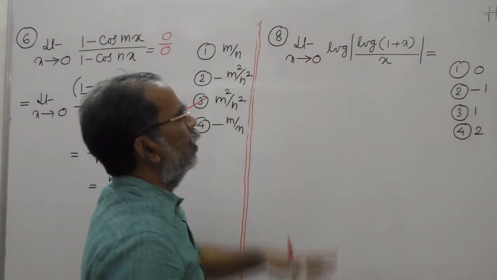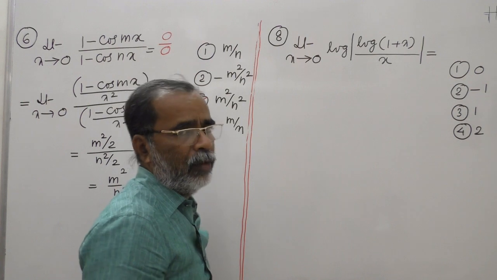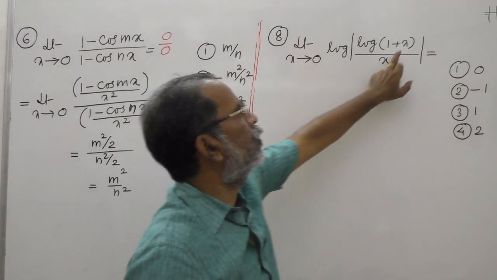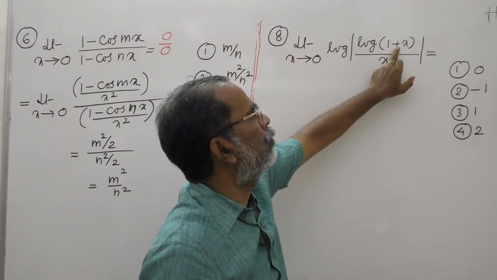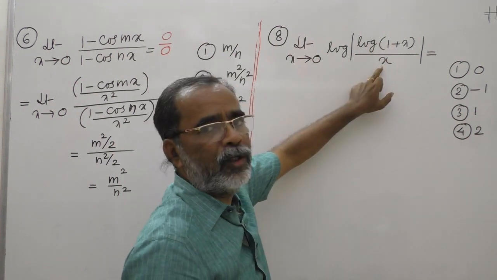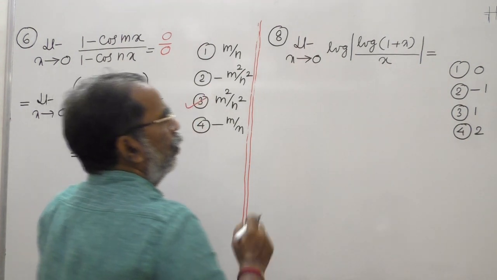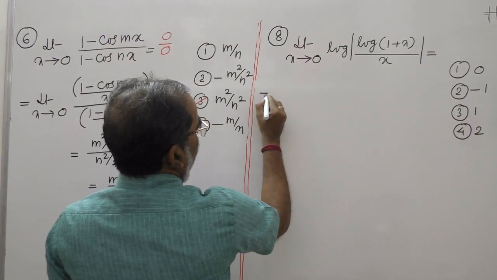Next question. Limit as x tends to 0 of this. You substitute the limit here. If you write x equal to 0, this becomes 1. Log 1 is 0, divided by 0. 0 by 0 form, indeterminate. For this, what I will do?